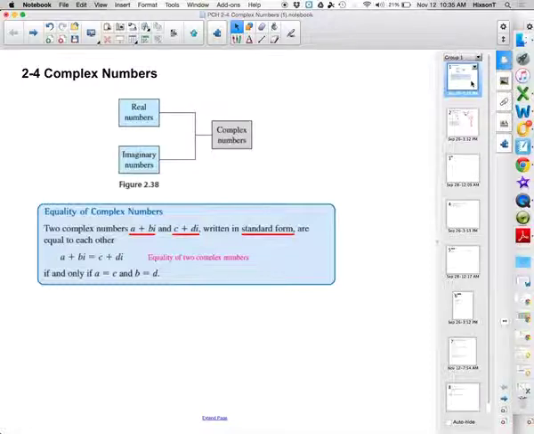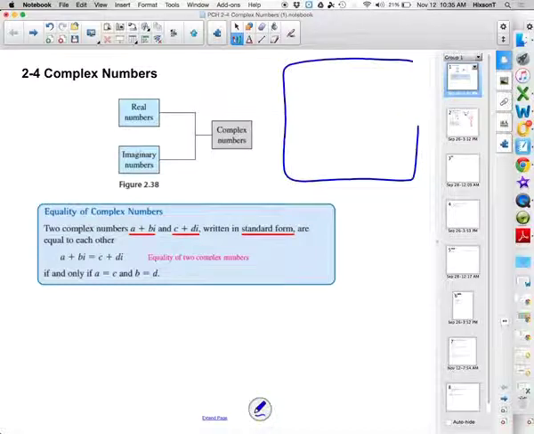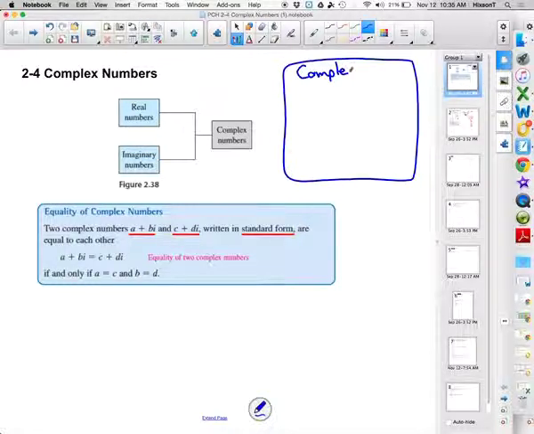They're the broadest because if we were looking at this in terms of a Venn diagram, you'll notice here the complex numbers incorporate a plus bi. It's a combination of real and imaginary.